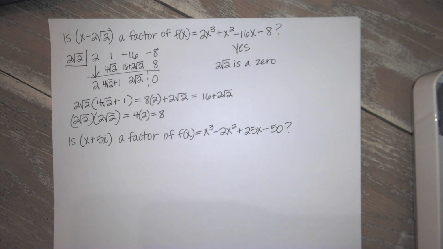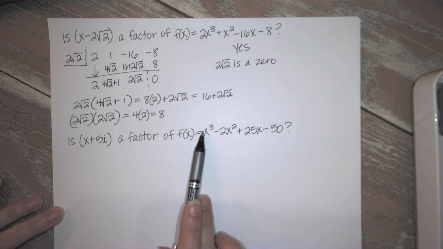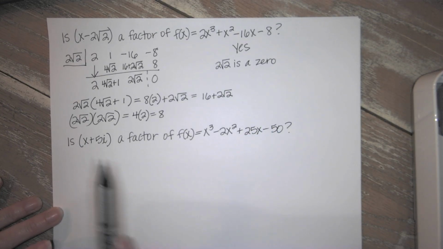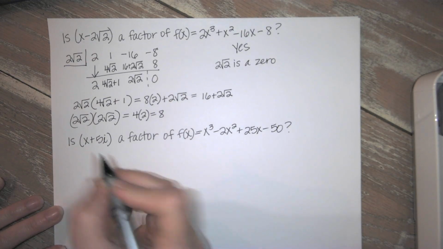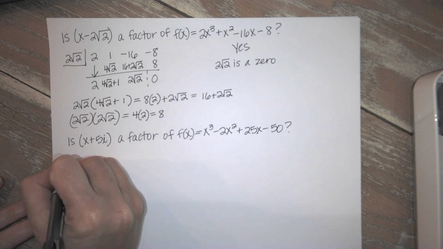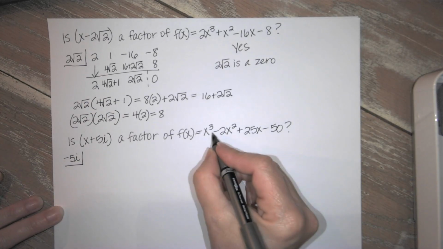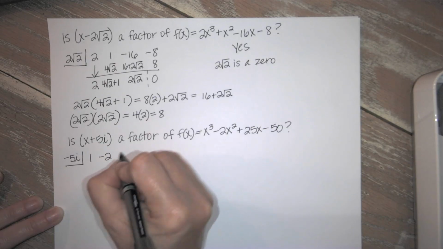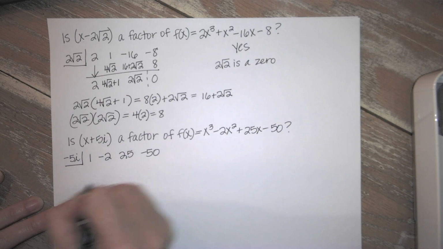All right. So if we want to check to see if this is a factor, we're going to use synthetic division, and we're going to divide this polynomial by x plus 5i and see if we get a remainder. All right, so if this is x plus 5i, we're going to put negative 5i in the box.